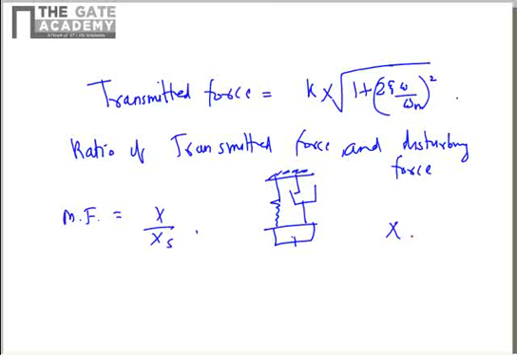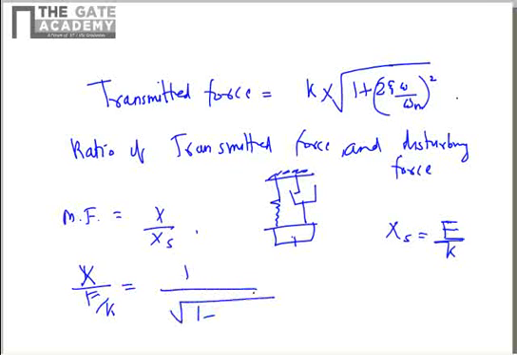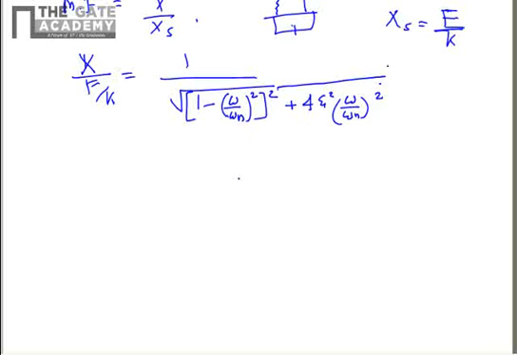It is X by Xs, where Xs was defined as F by k, that is the disturbing force on the mass. That is what we want to determine. K is the spring constant. So X divided by F by k is equal to 1 by the square root of (1 minus (omega by omega n) square) whole square plus (2 zeta omega by omega n) whole square.